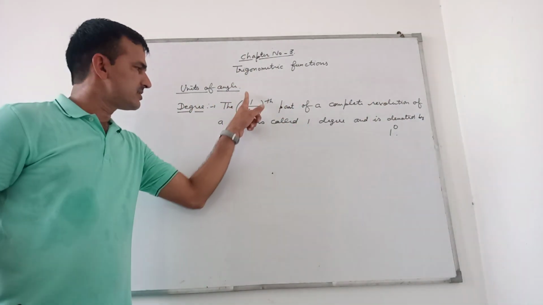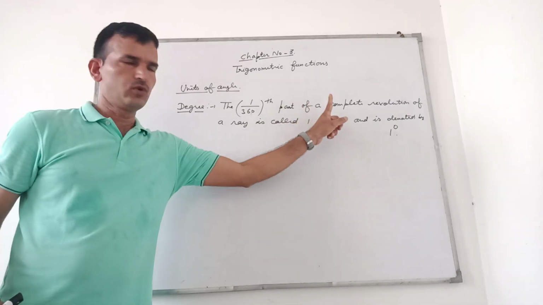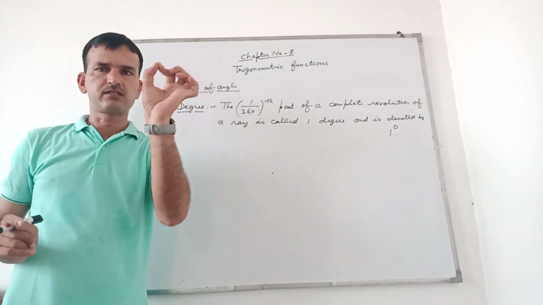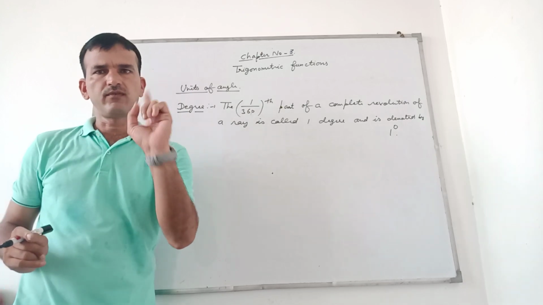The 1/360th part of a complete revolution, एक complete revolution का 360th part is called 1 degree.